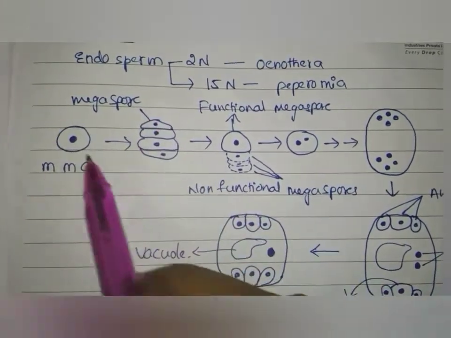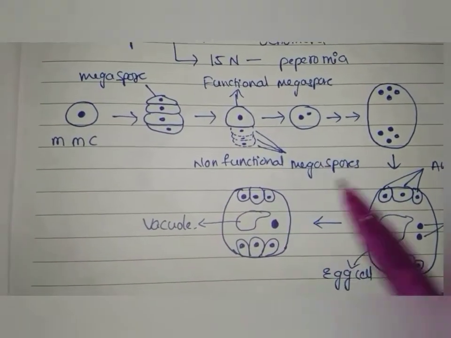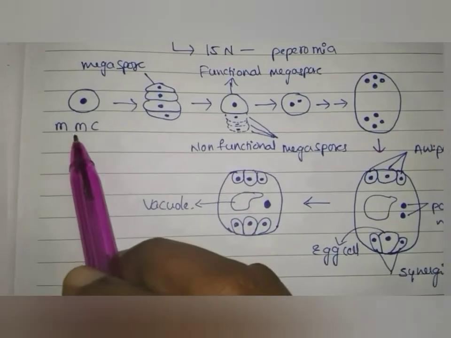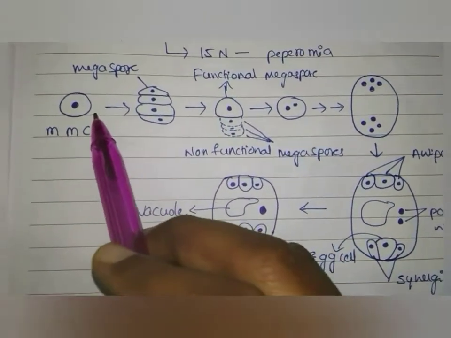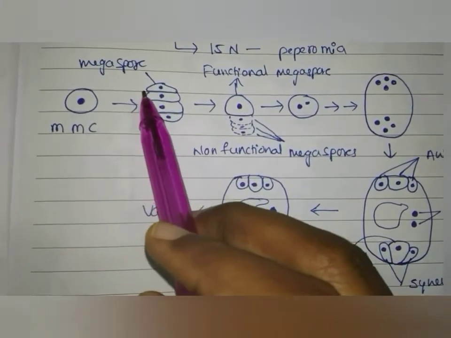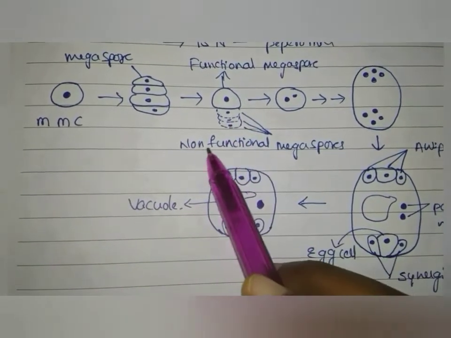This is a diagram which represents the formation of the Polygonum type of embryo sac. Here, first the MMC is present, which forms four haploid megaspore cells. Of the four megaspores, one is functional and the remaining three are non-functional.